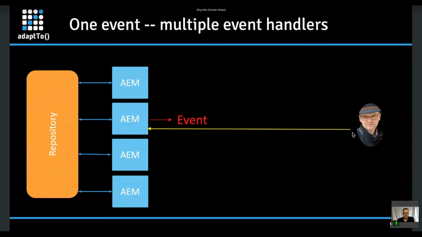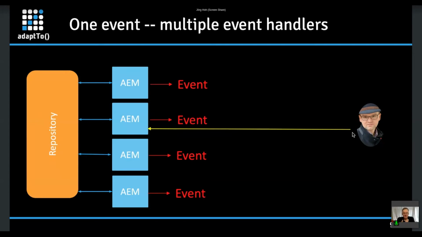Another thing which is very interesting when you work with a cluster is that you have one event and multiple event handlers. It means I do my change on the AEM instance, it's written back to the repository, and I get an event. A JCR observation event, a Sling ResourceChange listener, whatever. In an eventually consistent world, you will get the same event on every other cluster node as well, with a little bit of delay, but you will get it.